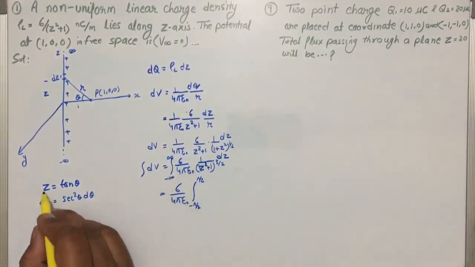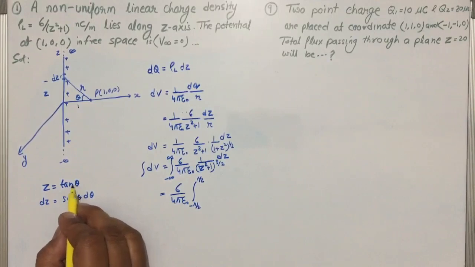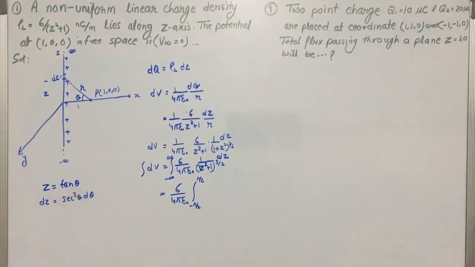From here, z equal to infinite gives theta 90, and z equal to minus infinite gives theta equal to tan inverse of minus infinity, which is minus 90.